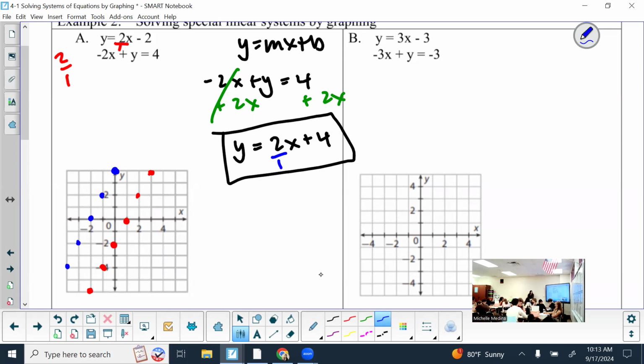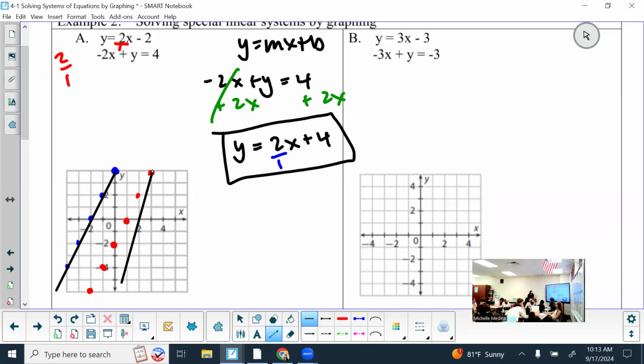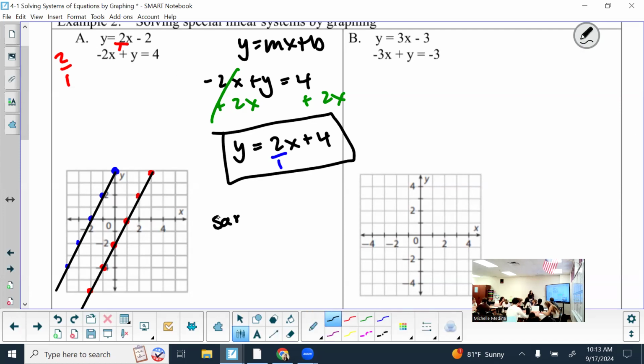But what am I noticing at this stage? They will not intersect because what type of lines are these? Parallel. And usually you shouldn't assume. So I have to look back at my equations. They both have the same what? Same slope. Different y-intercept.